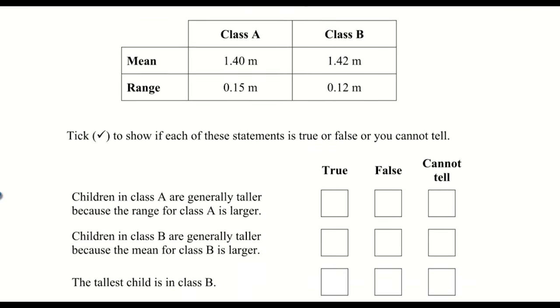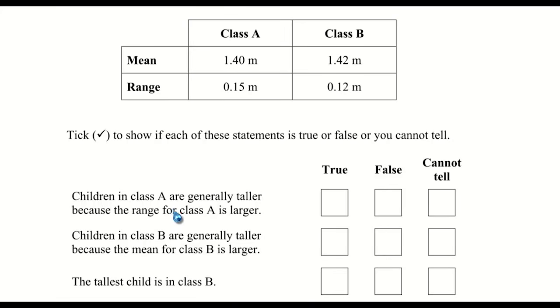The first statement: children in class A are generally taller because the range for class A is larger. So what does the range tell you? If the range is higher or bigger, it means there is a gap between their heights.